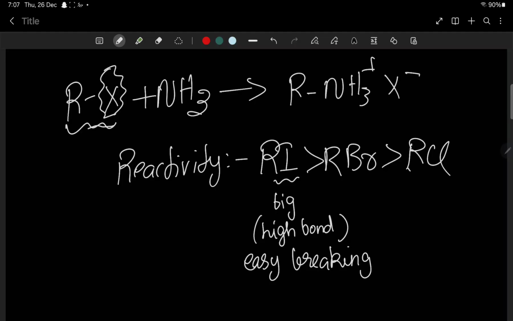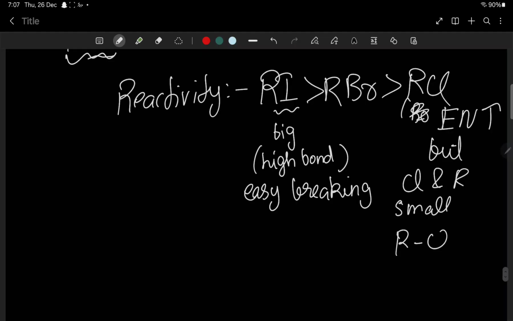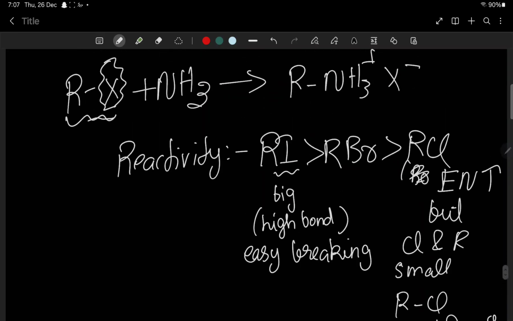In RCl, electronegativity is high, but Cl and C are of comparable small size. Therefore the RCl bond length is very less, hence bond enthalpy is high and it is difficult to break. So this is the reactivity of the haloalkane in the following reaction.